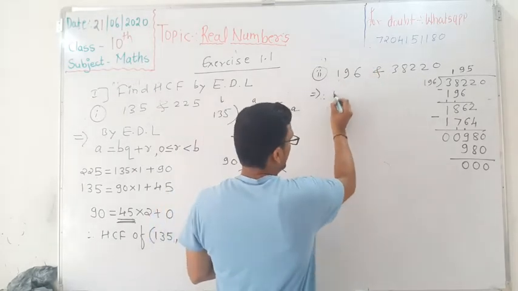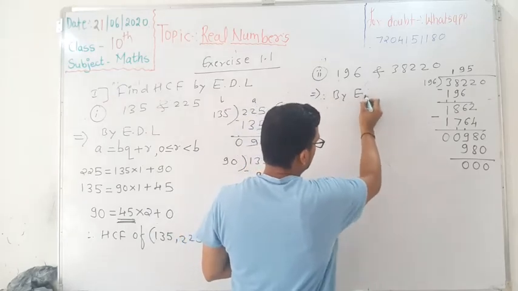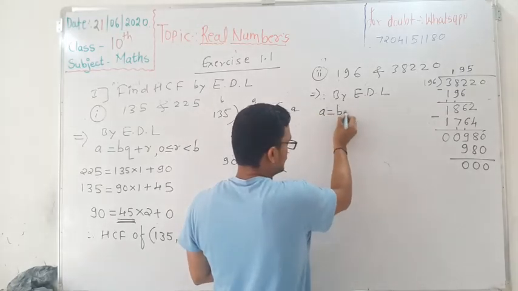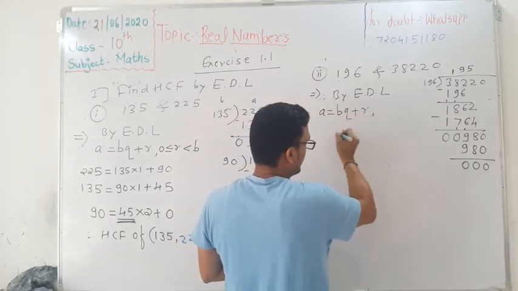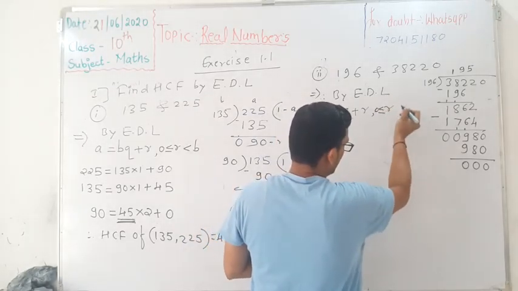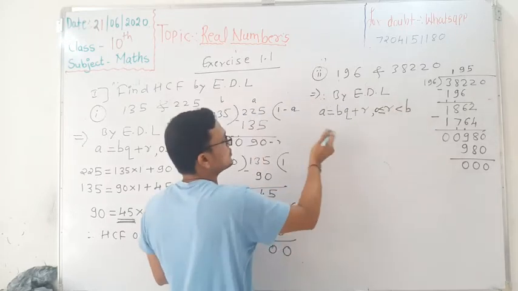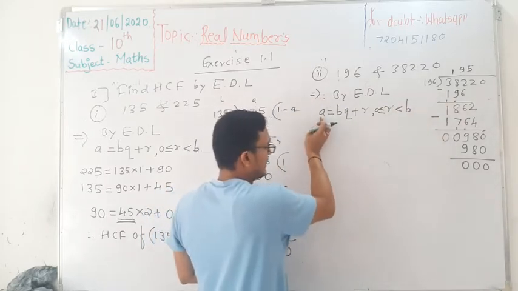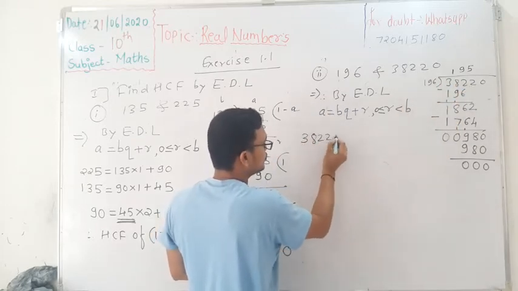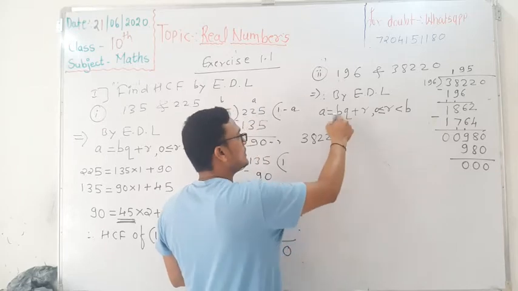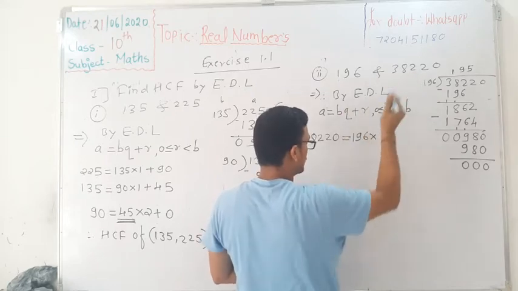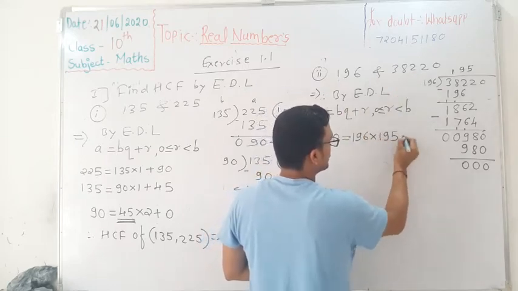Okay, so therefore by Euclid division lemma, the statement is A is equals to BQ plus R, where R will be greater than or equal to 0 and less than B. So here I'll use again the statement. So A will be the what? Dividend. So dividend is what here? 38220, which is equals to, B is the divisor, that is 196 into Q. Q is the quotient, 195 plus remainder.